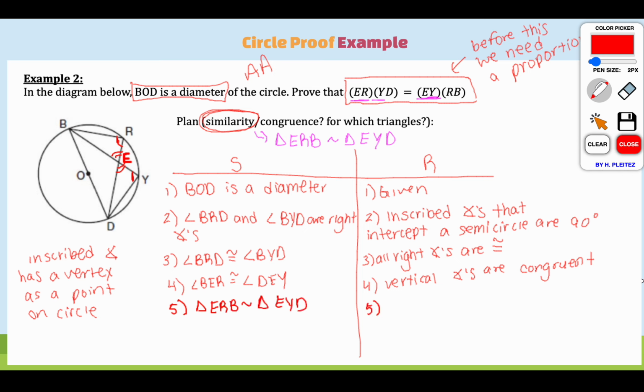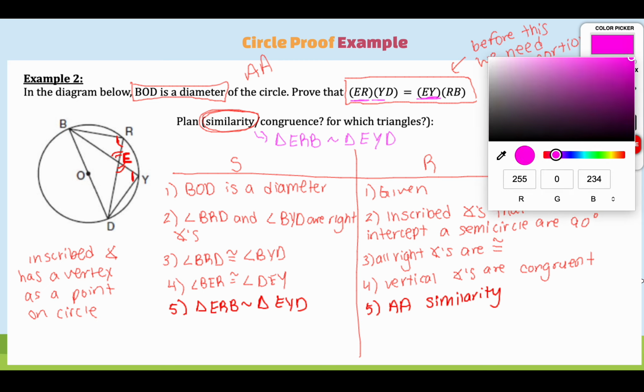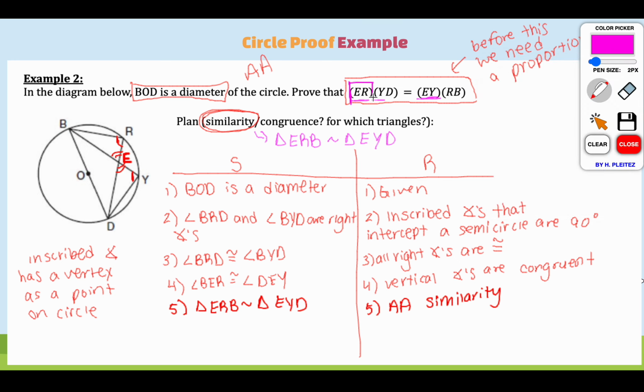And once we prove that two triangles are similar, we have to make our proportions of our sides. The first thing that I like to do is start off by using process of elimination. So for step 6, I'm going to start with ER, and I know ER is right here, right? So I'll put ER over, now I need to find the corresponding side of the other triangle. That's going to be EY.